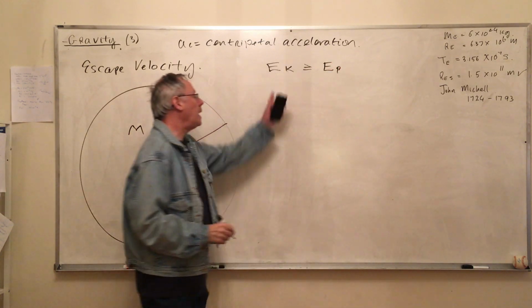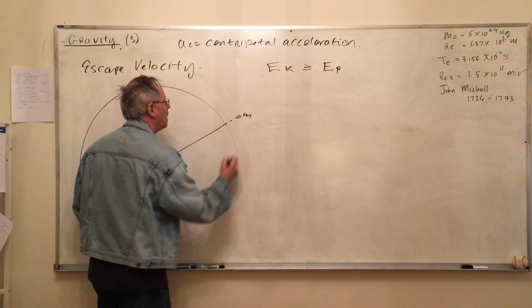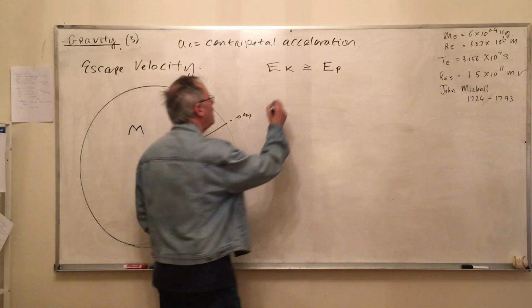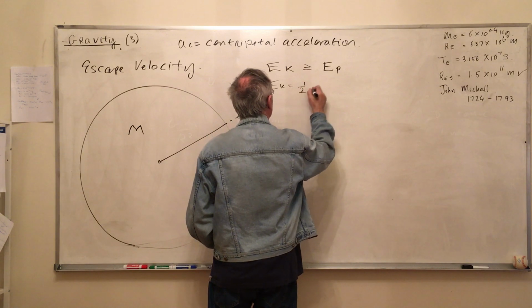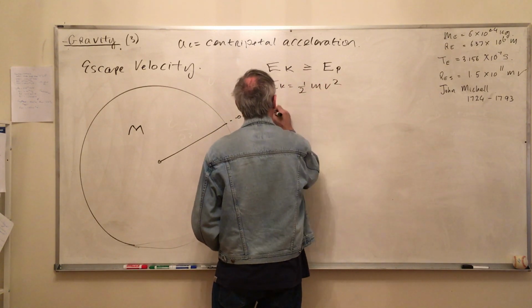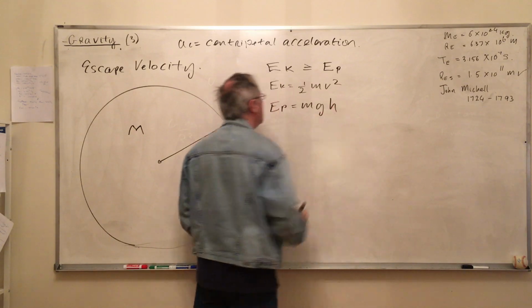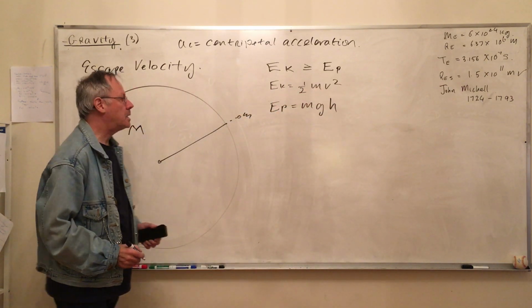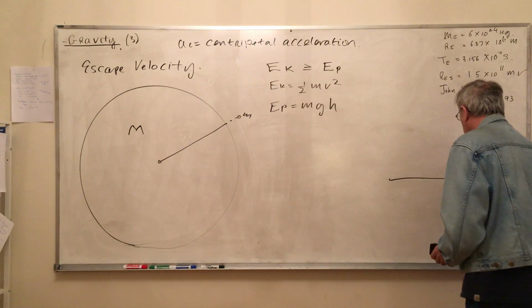In other words, the kinetic energy that this mass has in orbit is going to be enough to overcome the potential energy. Now the kinetic energy of any mass m with the speed v is a half m v squared. It's a scalar. mgh is the potential energy near the surface of the Earth.